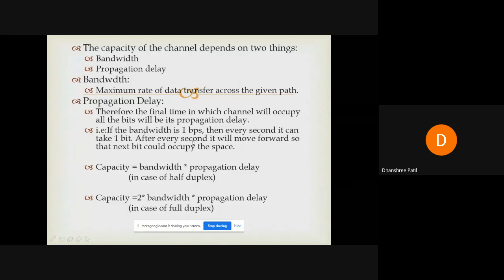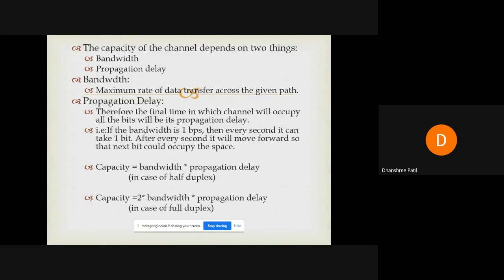For the next transmission of the data, it may require some time, for example 1 microsecond, 2 microseconds, whatever. We have to consider all that timing, and that is the propagation delay. In short, propagation delay is the total time required for every bit to reach its destination.